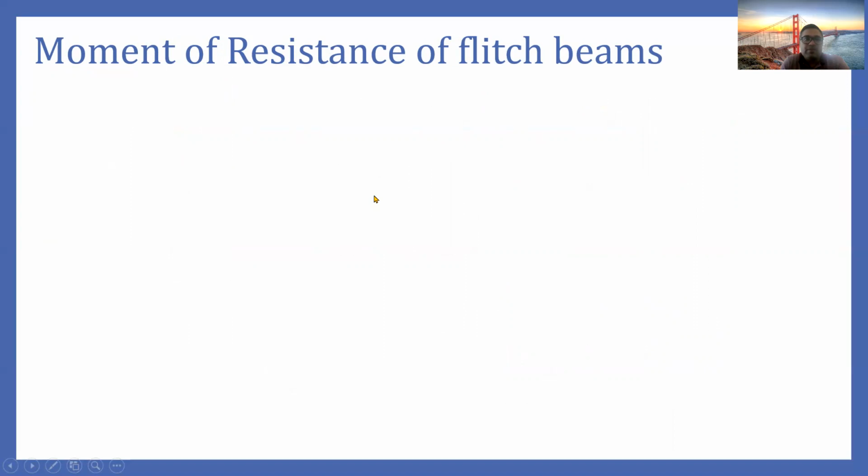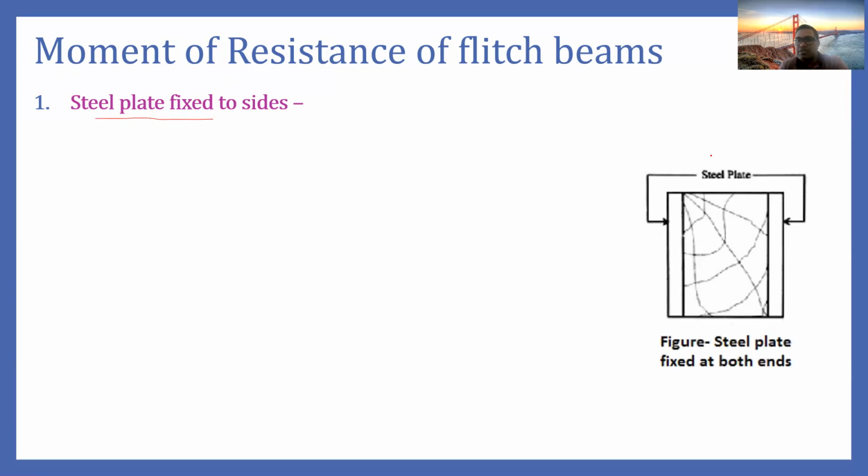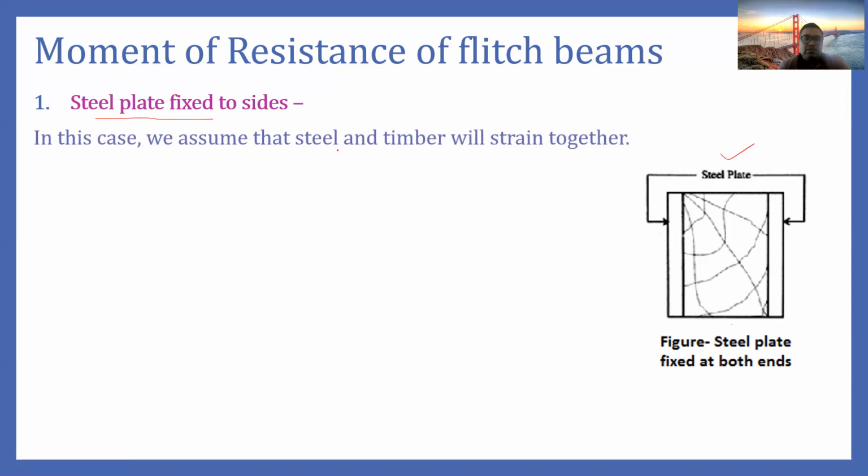If we have a flitch beam in which steel plates are fixed to the sides, as we have seen in the previous slide, how do we find its moment of resistance? Before that, we adopt an assumption: that steel plates and timber will strain together. That is the common assumption we generally take to design this flitch beam.